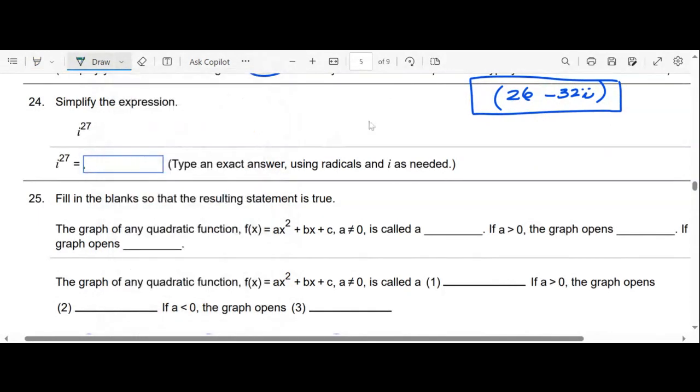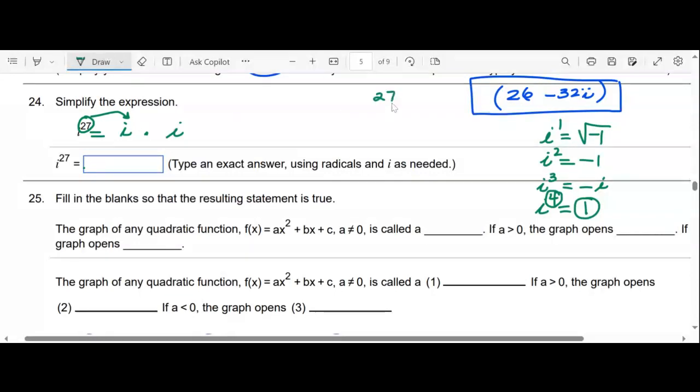Here I have i to the power of 27. We know that i to the power of 1 is what? Square root of negative 1. What about i to the power of 2? Minus 1. What about i to the power of 3? Minus i. What about i to the power of 4? 1. And this is repeating. So i to the power of something divisible by 4 gives you 1. Is 27 divisible by 4? No. So I have to split it. 27 cannot divide by 4, right?